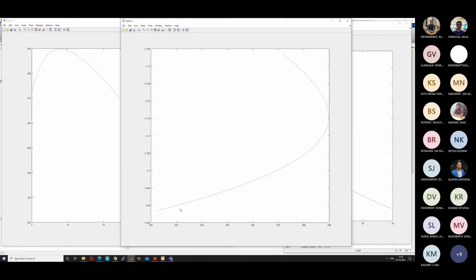We can see that there is an optimum value at which you get maximum specific thrust, and it occurs at a certain amount of thrust specific fuel consumption. If we want to go for less fuel consumption, your specific thrust will get reduced. If you want to go for more thrust, your specific fuel consumption will increase. So this is for a single, particular turbine inlet temperature.